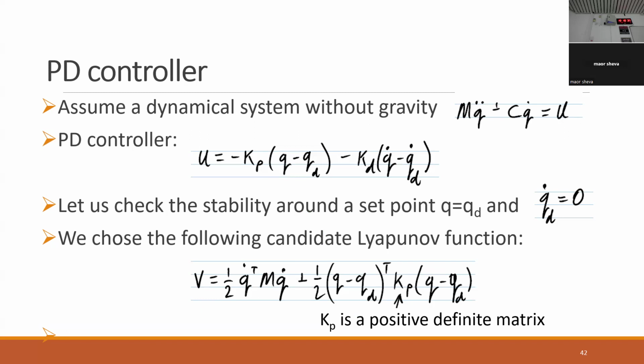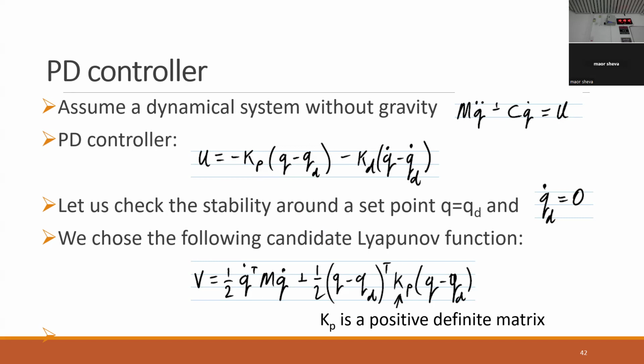And let us check the stability around the set point, such that the equilibrium will be Q equals Q desired and Q dot desired will be 0. So the system will stop at the equilibrium. So if I put this, then I have Q desired here, Q dot desired is 0.